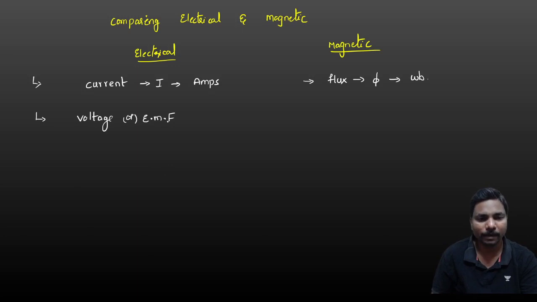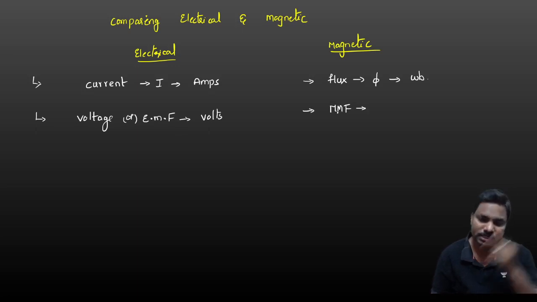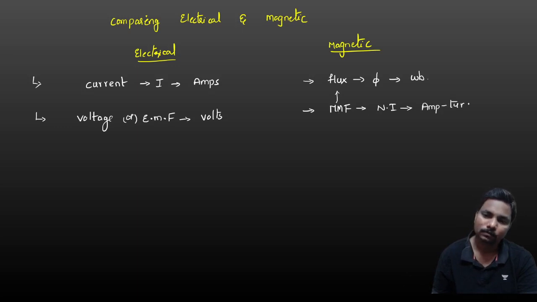Here we require MMF, magnetomotive force, to flow the flux. Number of turns into current, and the units are ampere turn.